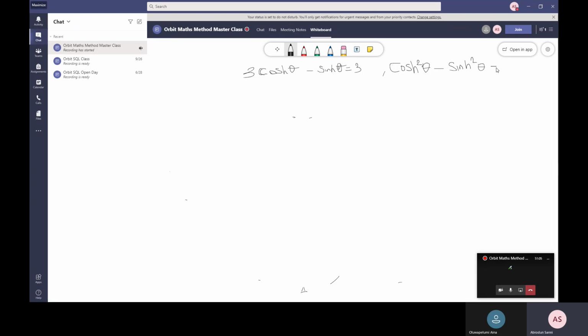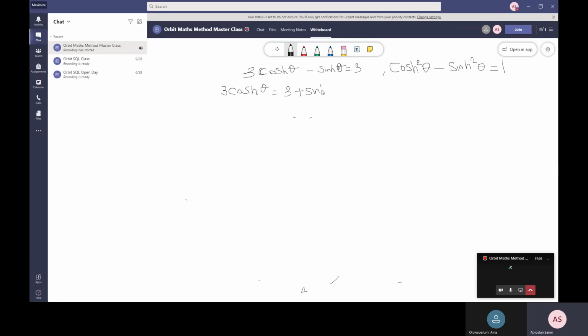Do you know this? If I take this minus sine theta to the other side, I'm going to have 3 cos theta equals 3 plus sin theta.